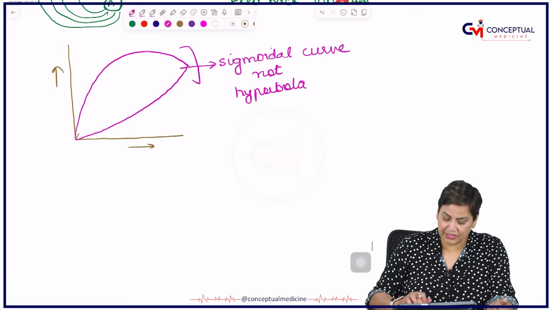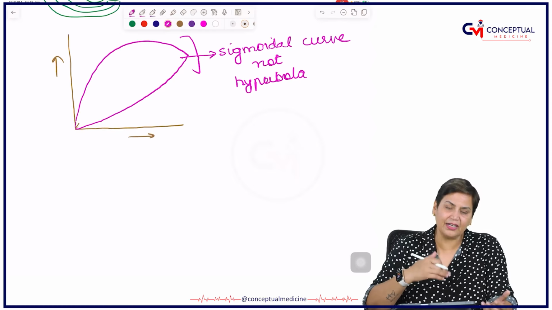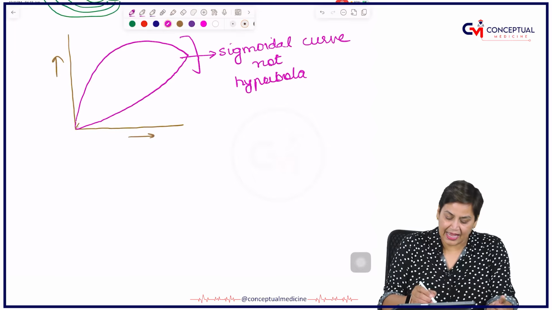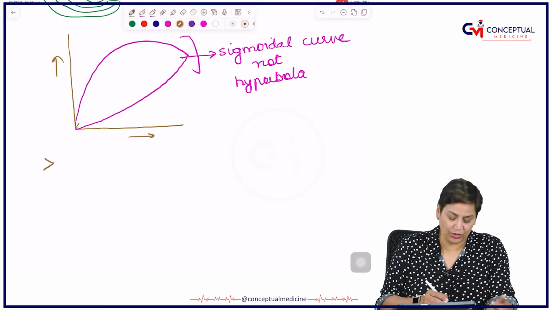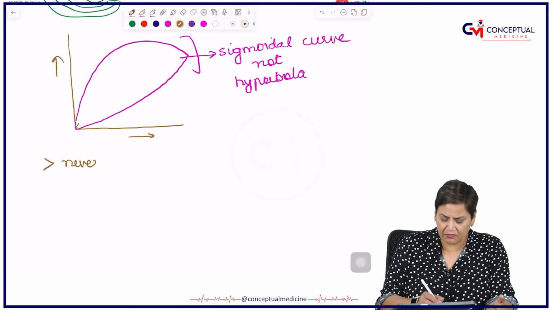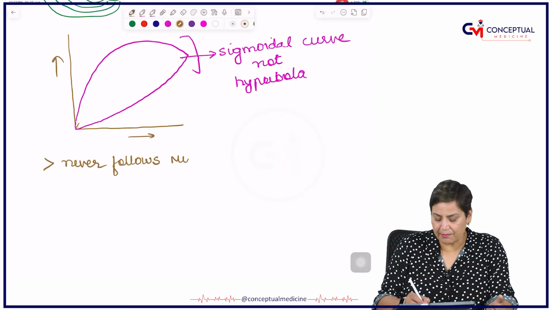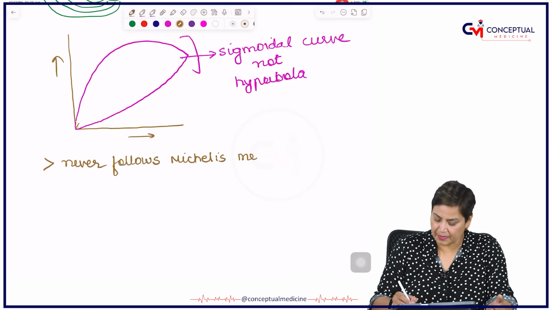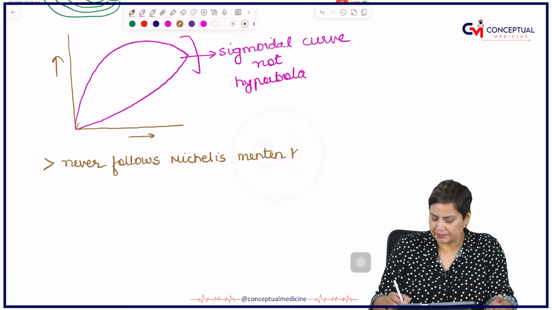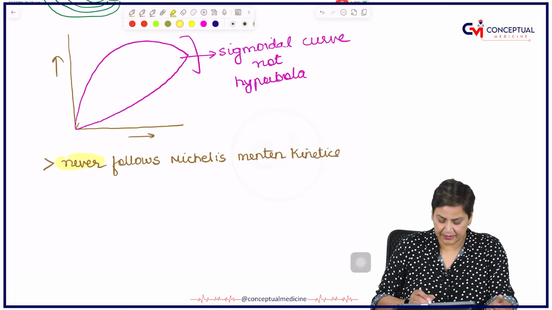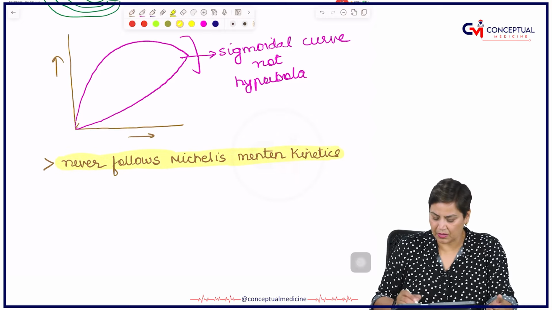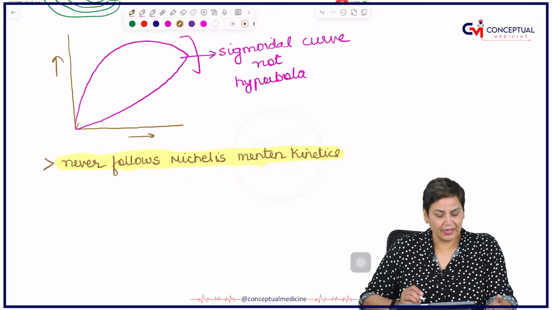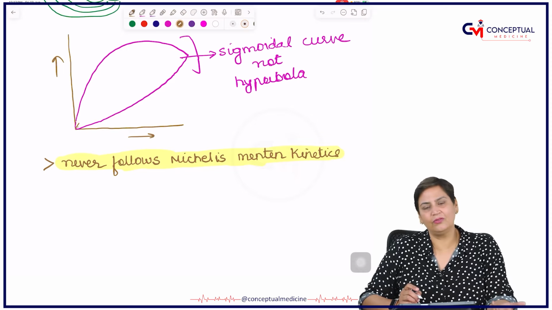So the main difference is that allosteric inhibition or modulation never follows, very important, never follows Michaelis-Menten kinetics. This is very important to keep in mind.